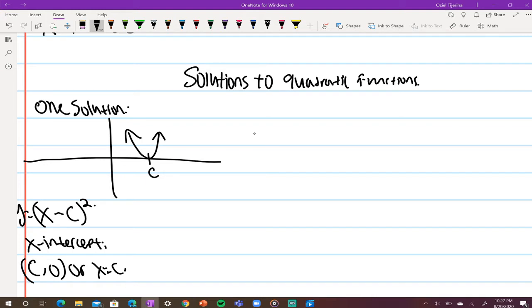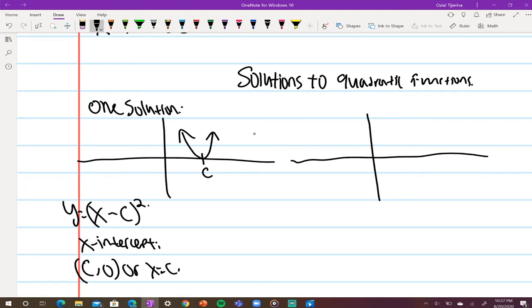For two solutions, and usually a quadratic always has two solutions. Sometimes the solution is repeated though, like this one is repeated.